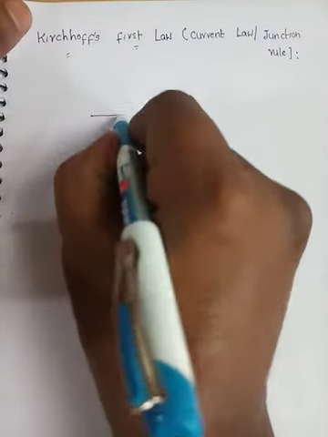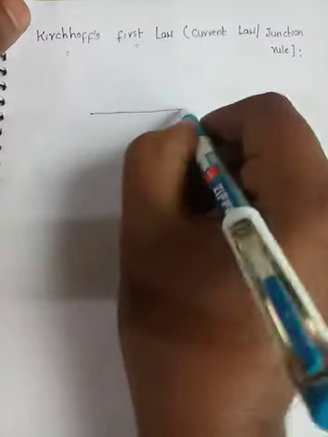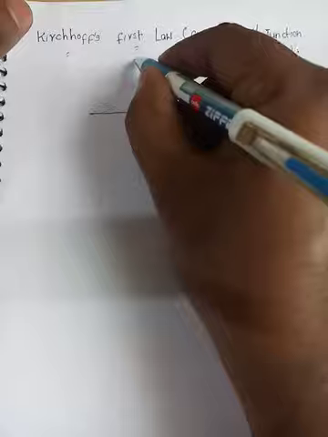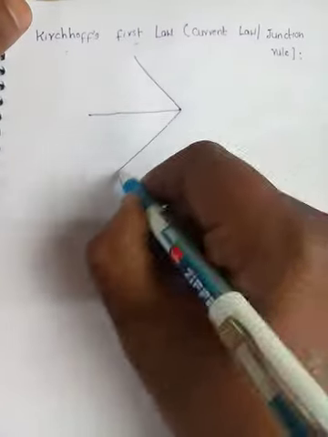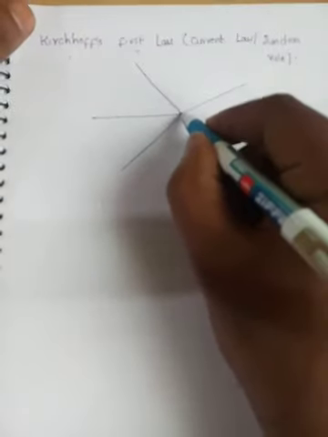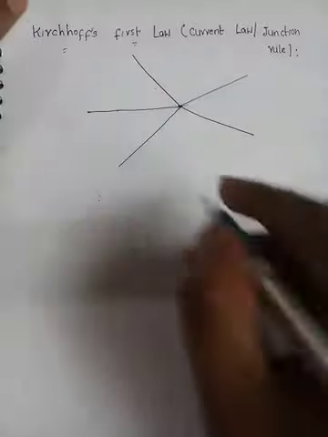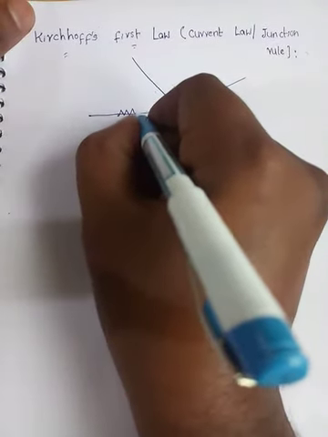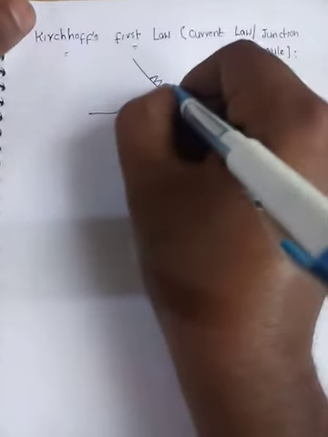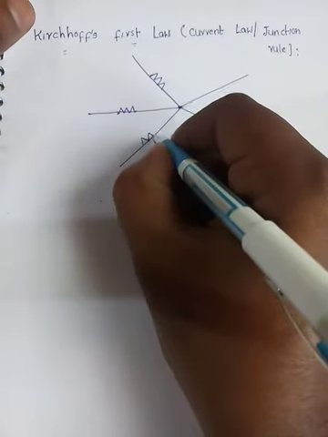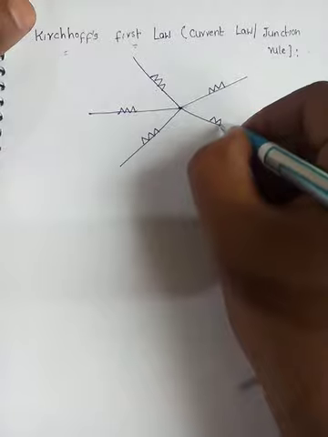According to this rule, I am taking five conductors, all current carrying conductors. Assume that each is connected to a small resistor.